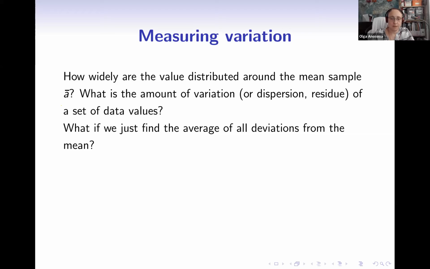So what is the mean in this particular case? The set consists of -1 and 1. The mean is equal to, obviously, 0. And the deviations from the mean will be -1 minus 0 and 1 minus 0.